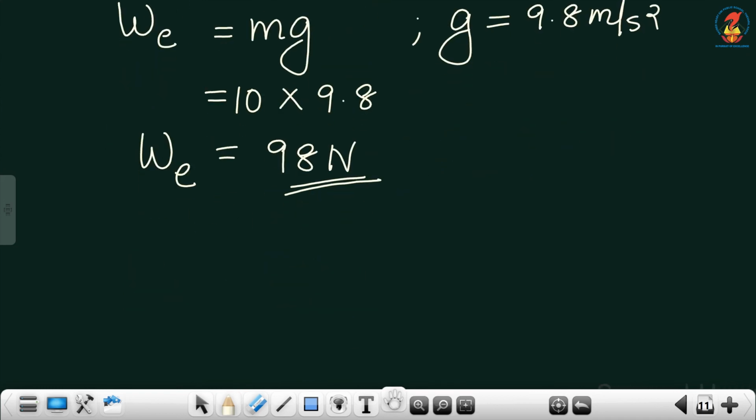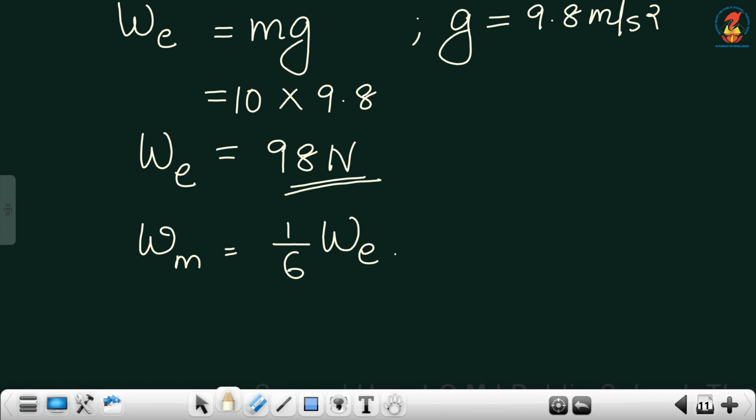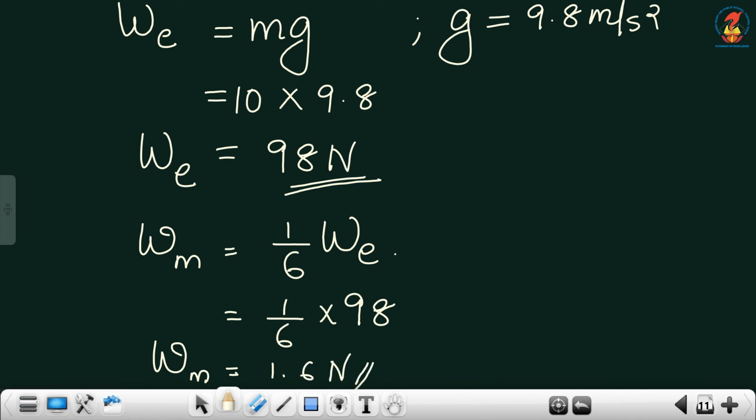Now, the weight of the same object when placed on the moon is 1/6 times the weight of the object on earth. So, that is 1/6 into 98, the weight of the object on the surface of earth. On solving, you will get the weight of the object on the surface of the moon as 1.6 Newton.